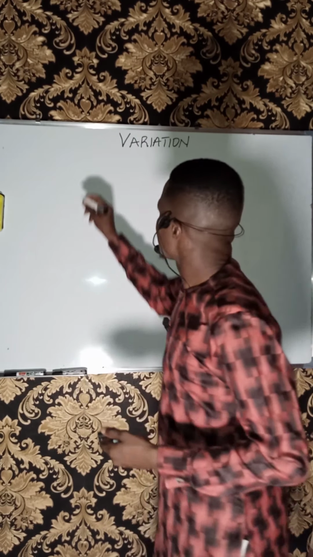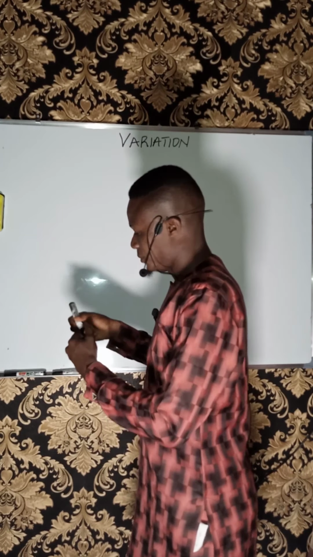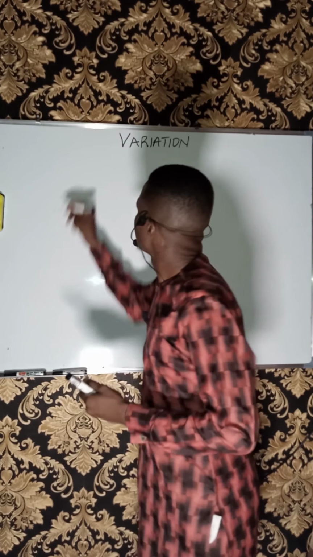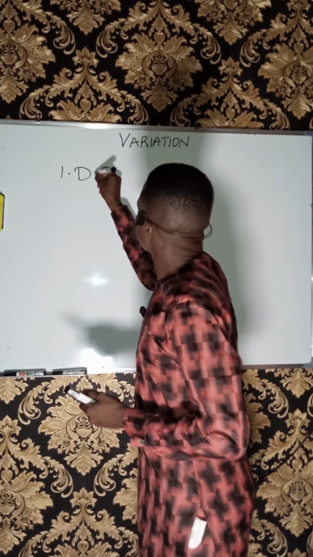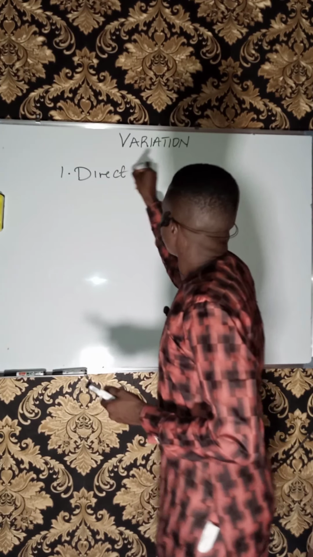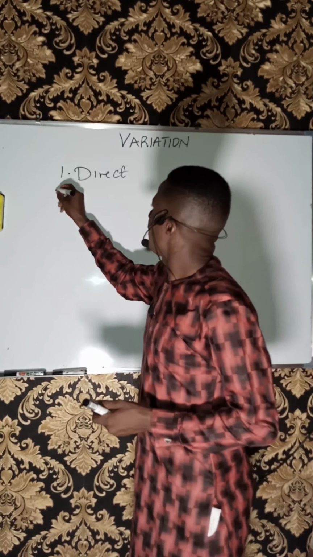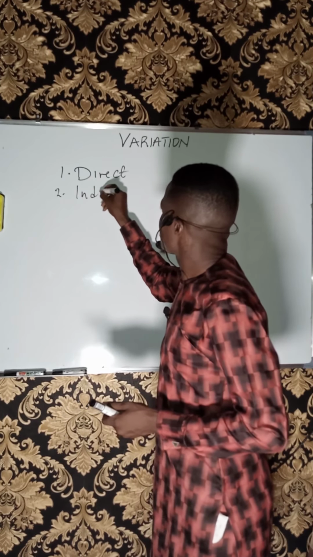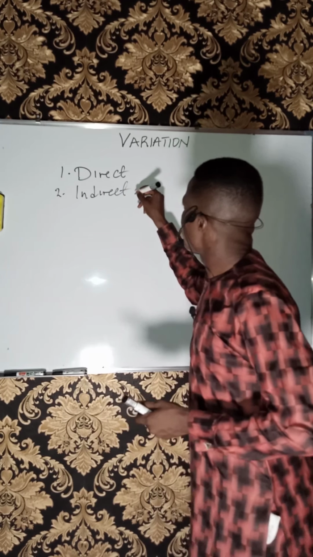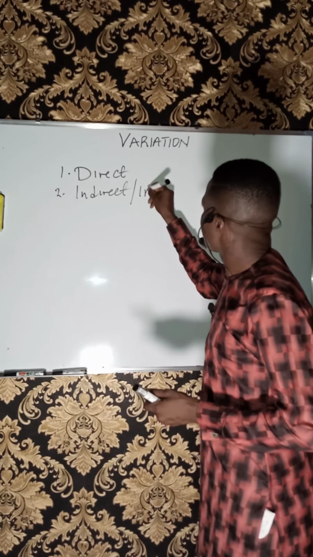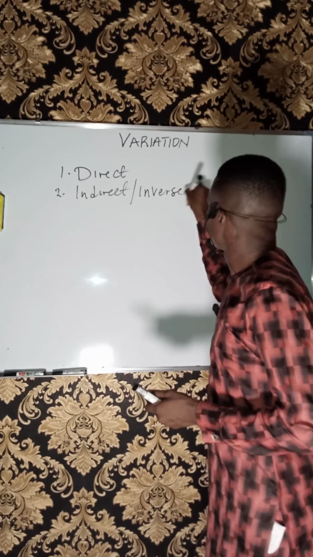In mathematics, there are four types of variation. The first one is the direct variation, then we have the indirect variation. If you don't call it indirect variation, you are free to call it inverse variation.